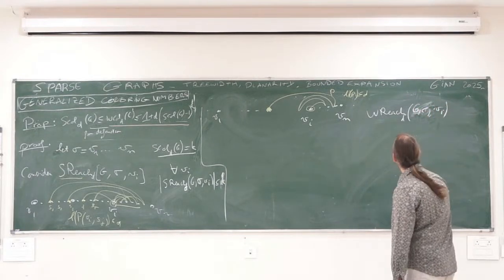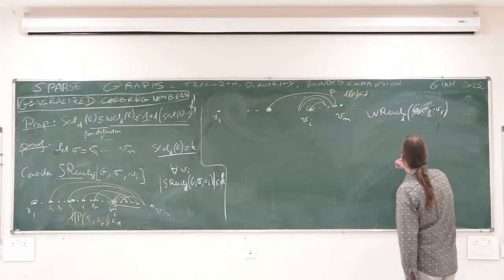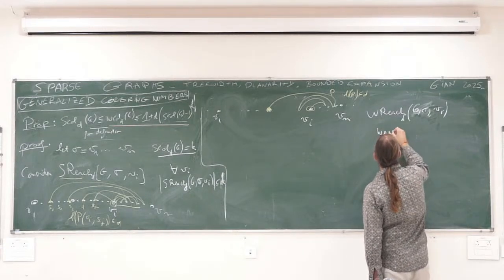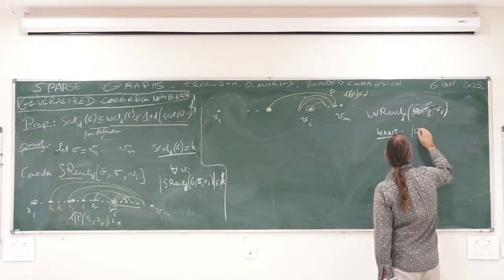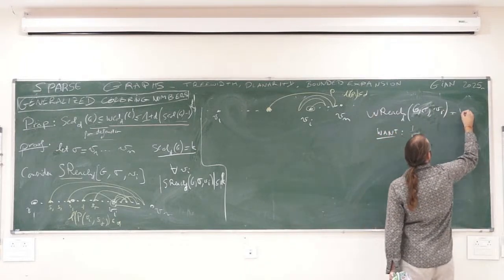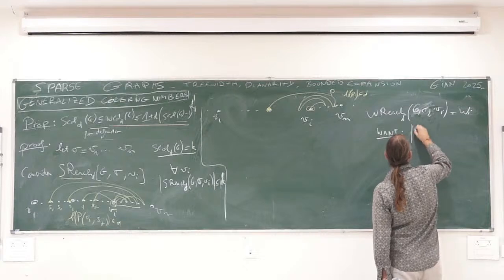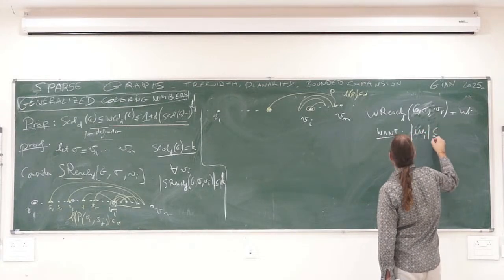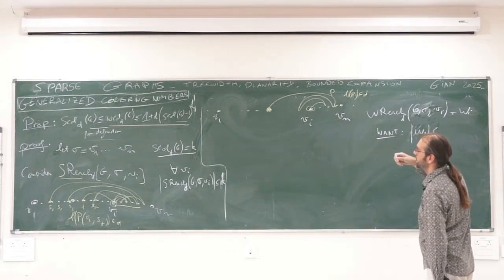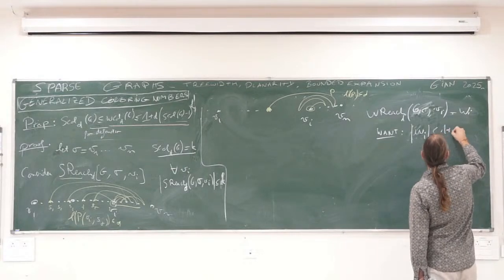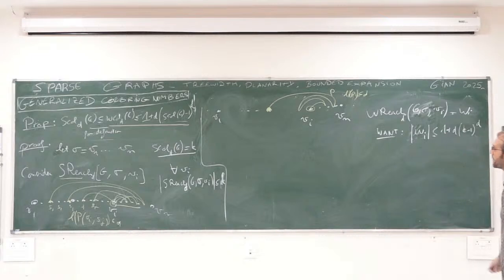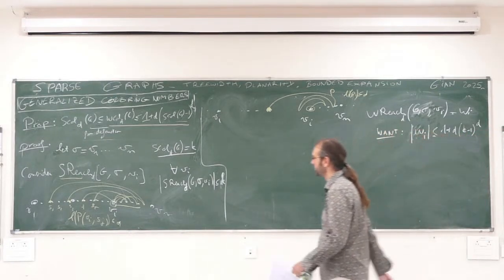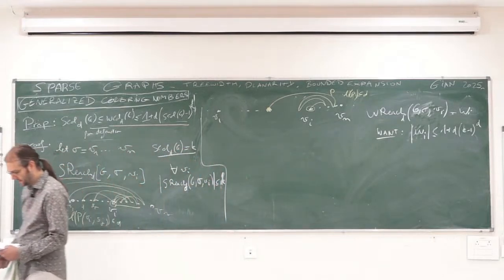What I want is to show that this set, let's call it W, the size of W should be at most what? 1 plus k minus 1 to the power d, k minus 1 to the power d. Right? k is my strong reachability bound.